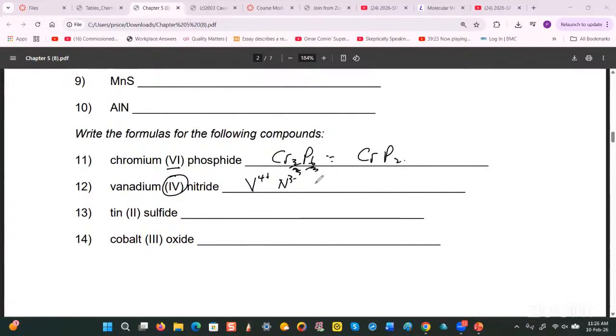So what do we do next? Multiply vanadium by 3 and nitrogen by 4. So when we put this together, it becomes what? V3N4, very good. All right. What about the next one? Tin(II) sulfide.